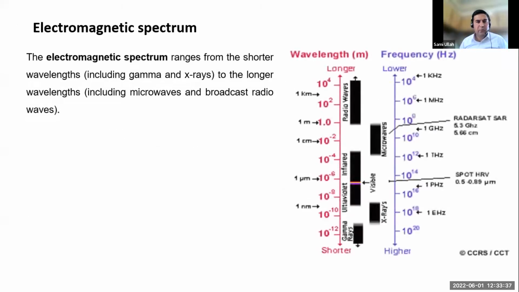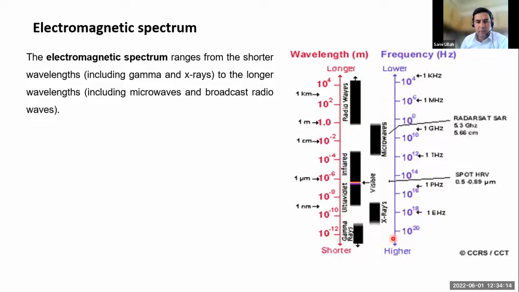If you look at the electromagnetic spectrum, it is normally composed of gamma rays, then X-rays, then ultraviolet, then the visible spectrum, then infrared, then the microwave, and finally the radio waves. If you look at this graph, this is frequency.